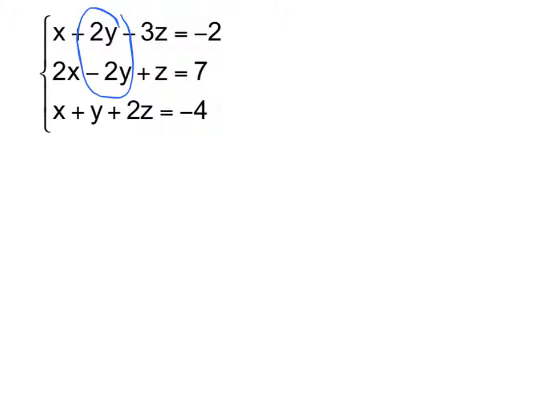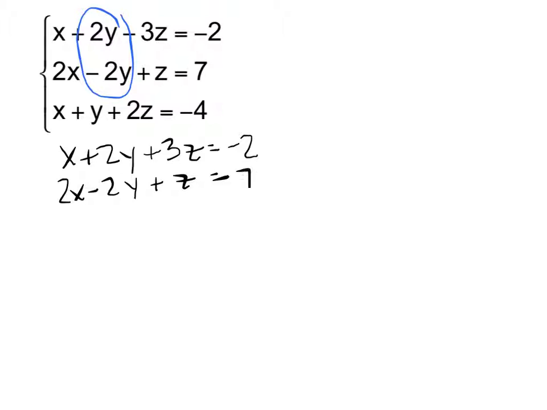I'm going to rewrite it so you can see what's going on. We're going to have x plus 2y plus 3z equals negative 2. We're going to have 2x minus 2y plus z equals 7.